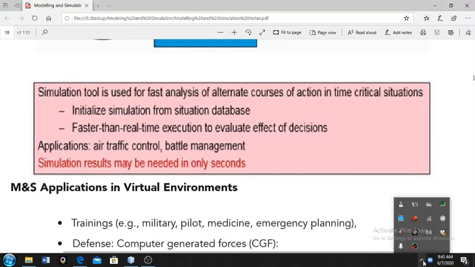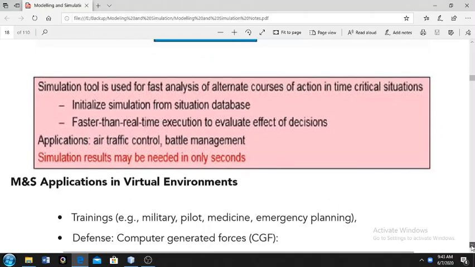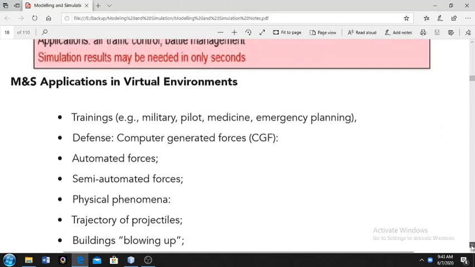It can also be risky, though you are not using real bullets. It's also taking time. So you can simulate a battle before you do it physically. You can simulate air traffic control too. I think we have examples here.